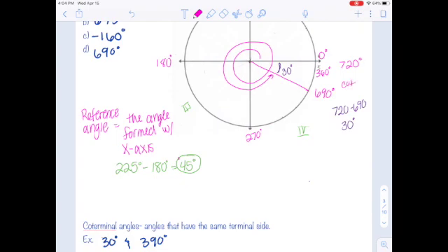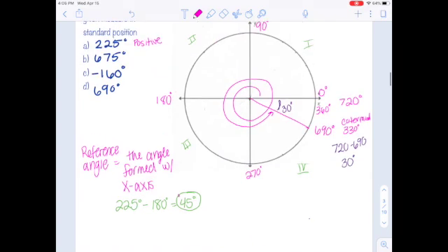So one spin around the unit circle, 690 would be coterminal with negative 330. They end at the same place. Just like 0 and 360, the terminal side ends at the same place. Likewise, 0 degrees, 360 degrees, and 720 are also coterminal.